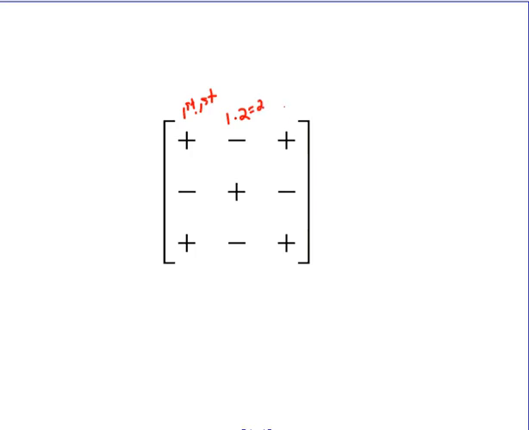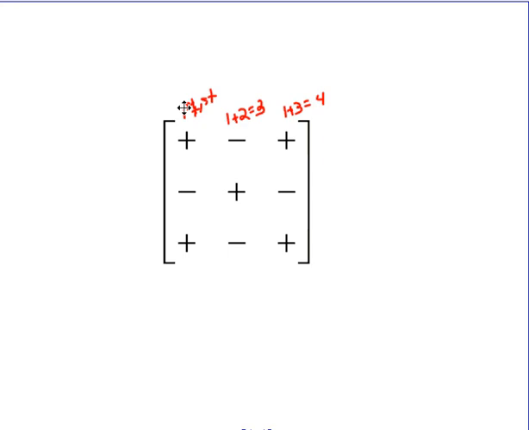And here we have row 1, column 3, and 1 plus 3 is 4. That's even, that's a plus.